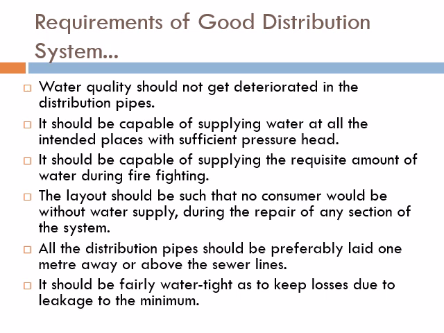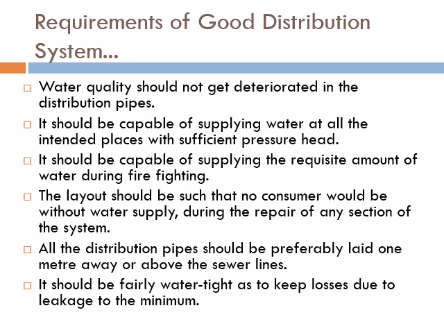Then the layout should be in such a way that no consumer would be without water supply during the repair of any section of the system. That is, they should have water available all the time. If there is any repair or damage in one section, the consumer should receive water from the other section. That way the good distribution system has to be planned.